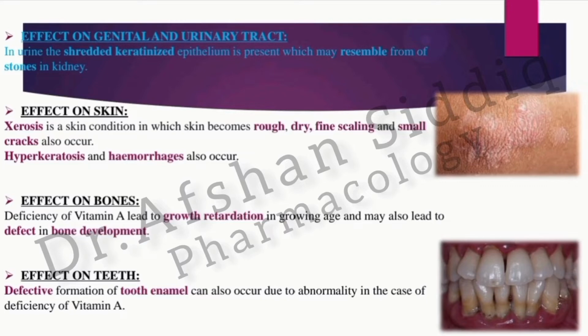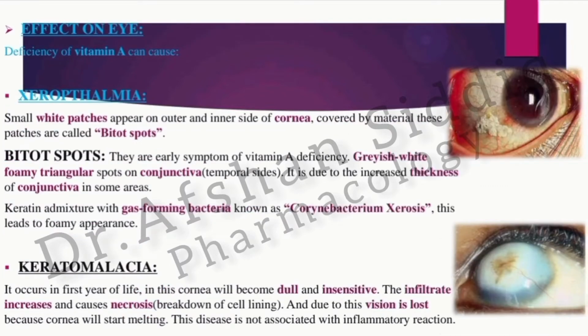Deficiency of vitamin A leads to growth retardation, specifically in the growing age, and it may also cause defective bone development. It can also affect teeth development, because abnormality can arise in the formation of tooth enamel. In the eye, the deficiency of vitamin A can cause xerophthalmia.